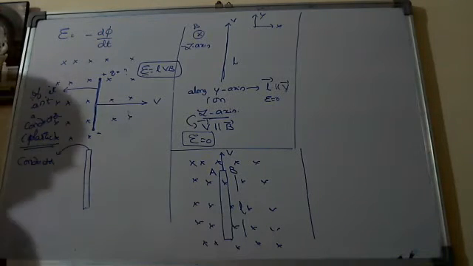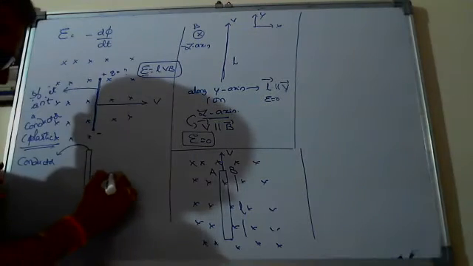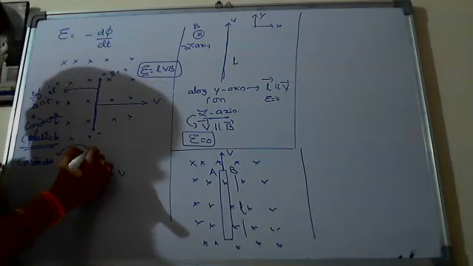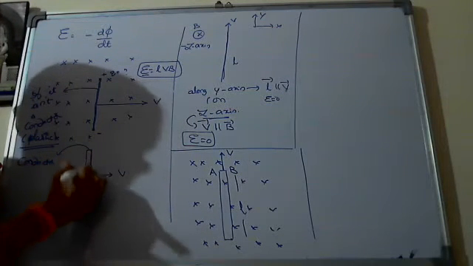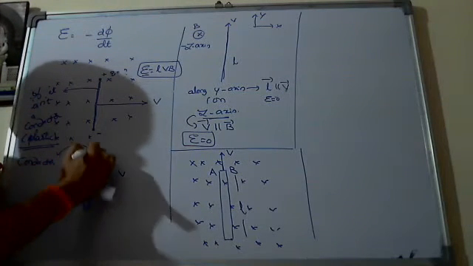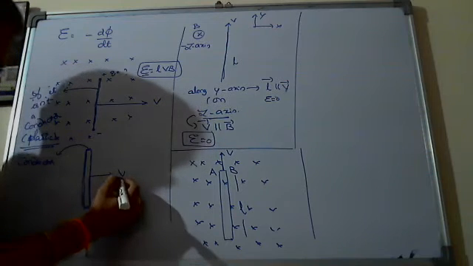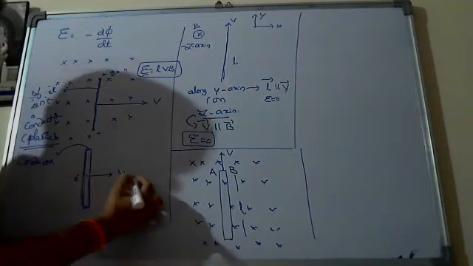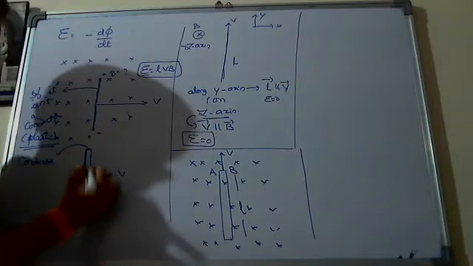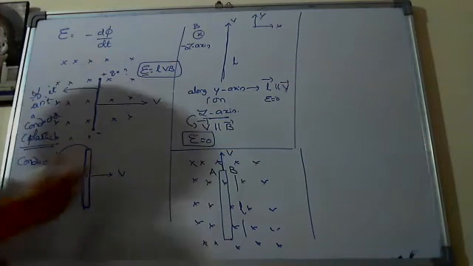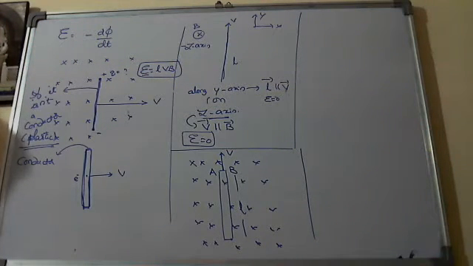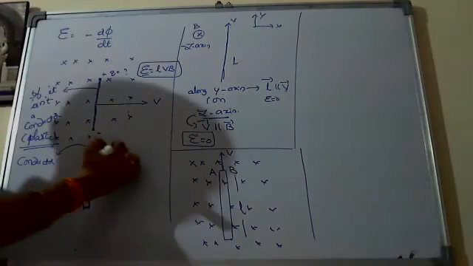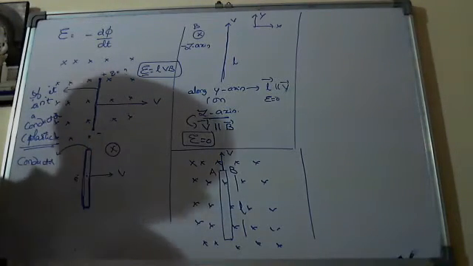While pulling this rod with a velocity, it is like a bus full of passengers. When I pull with this velocity, each passenger, meaning each electron, is also trying to move along with the bus, along with the conductor, with the same velocity. Same velocity, and that too it is placed in a magnetic field.